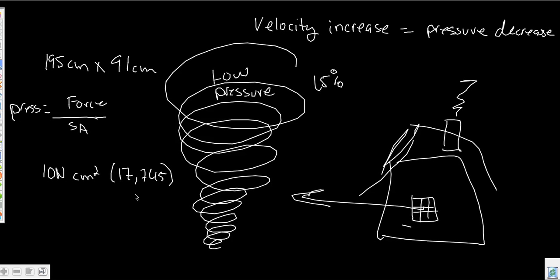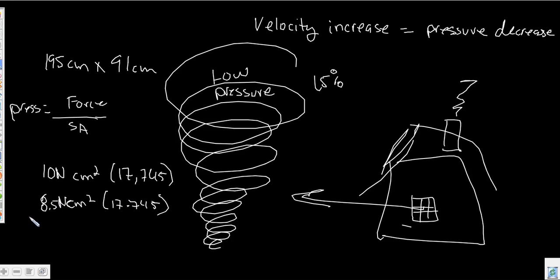Okay. Now, if I was to go ahead and lower the pressure 15%, well, now when the tornado hits it, it's going to be 8.5 newtons. So I have 8.5 newtons per centimeter squared, right? Multiply that times the surface area, right?